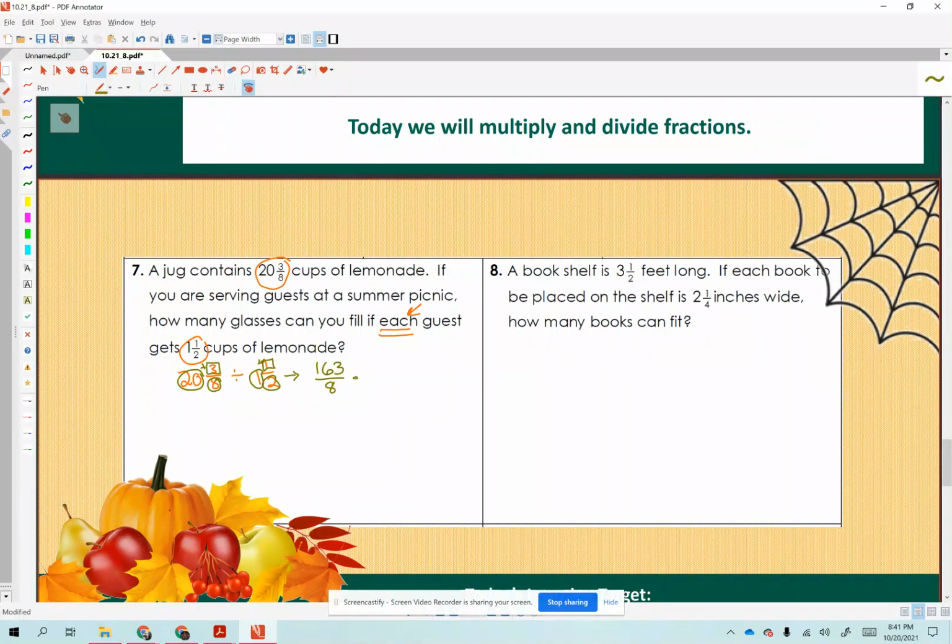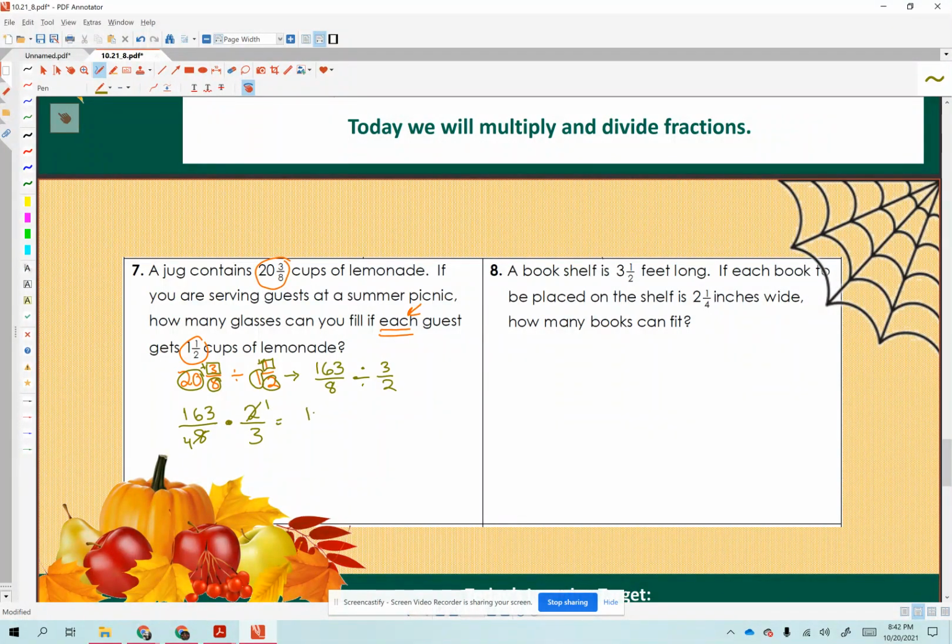So we're going to multiply that. Well, first we'll divide that by 3/2. And now we'll do our first fraction as is, change the division to multiplication, and then multiply by the reciprocal. So I cannot simplify 163 and 3, but I can simplify the 2 and the 8. Divide them both by 2. 2 divided by 2 is 1. 8 divided by 2 is 4.